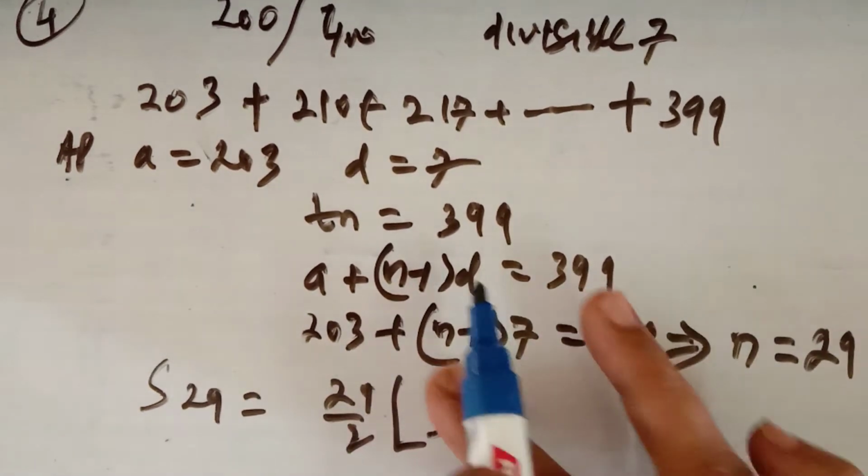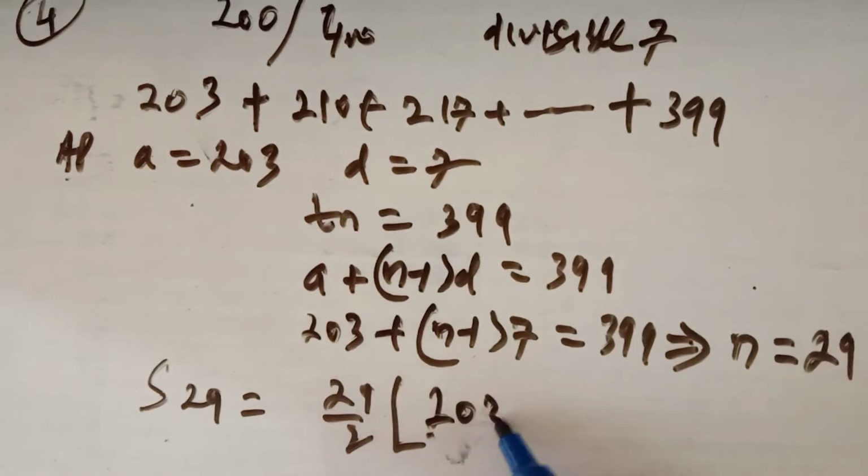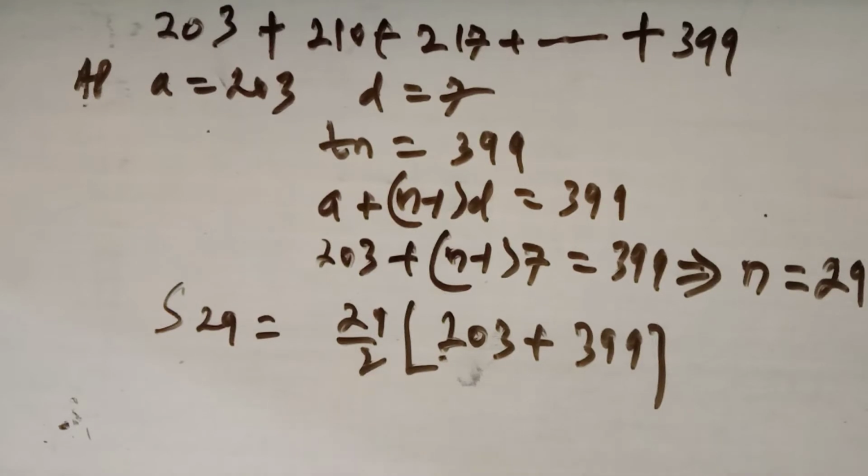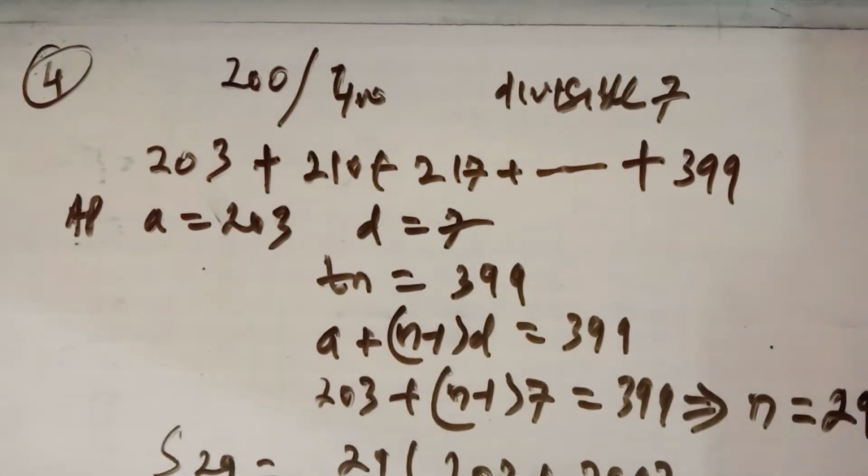A is 203 and last term is 399. You know that sum of the AP when the last term is given is n by 2 (a plus l), which is coming out to be 8729. So this is somewhat an easy question. This is a standard 10th standard question, absolutely.